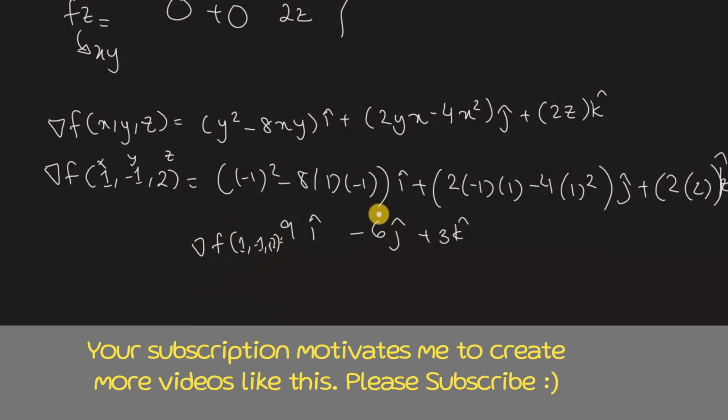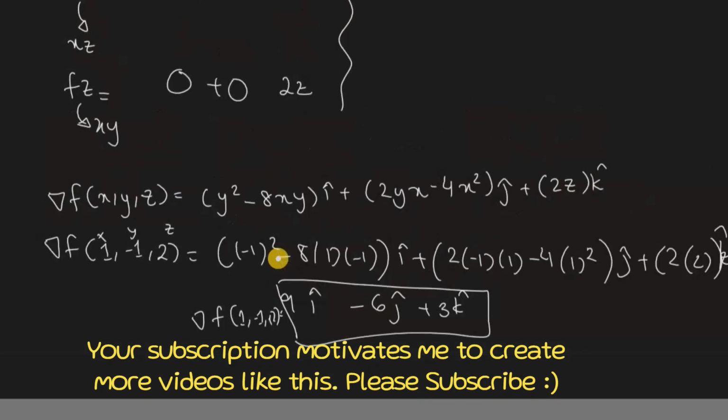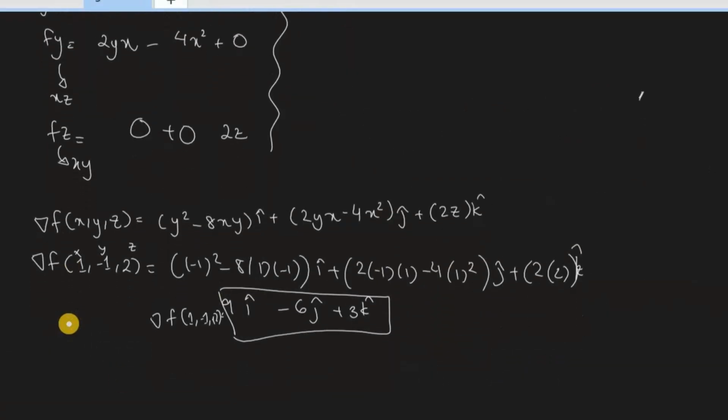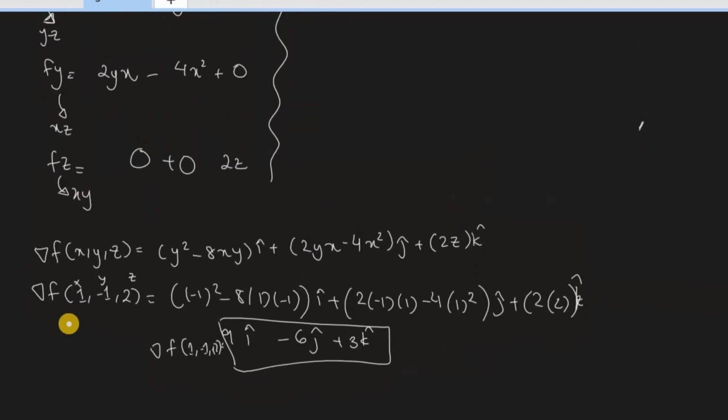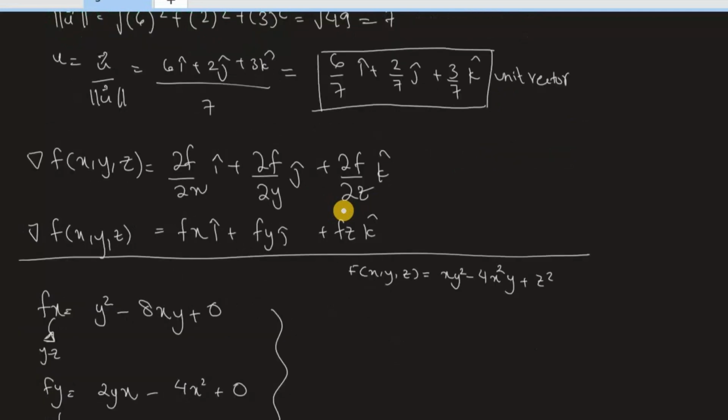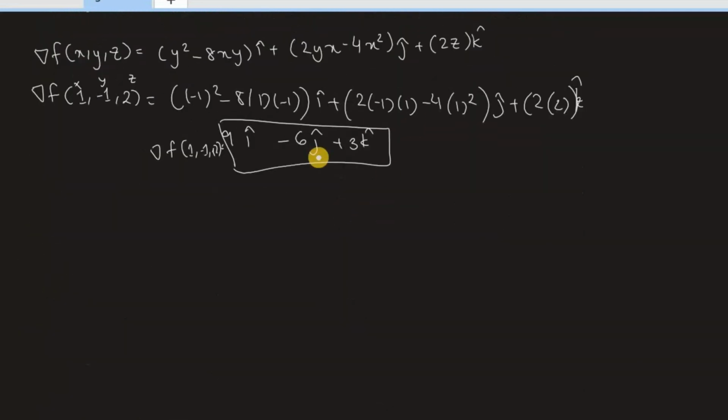So now once we have our gradient at the point, what is our next step? Our next step is to dot product it with the unit vector. The unit vector we found was 6/7 i hat, 2/7 j hat, plus 3/7 k hat. So this is our unit vector, and we're just going to dot product it with our gradient vector, 9 i hat minus 6 j hat plus 3 k hat.